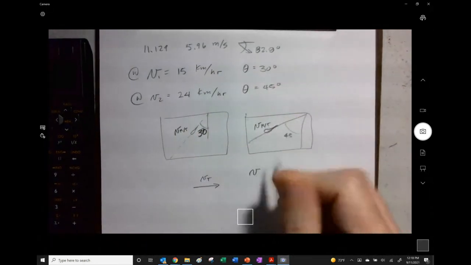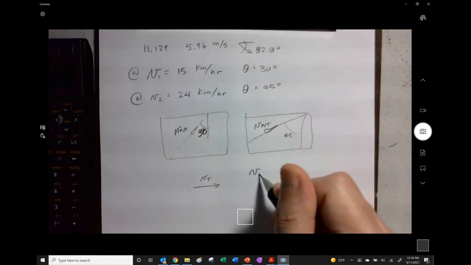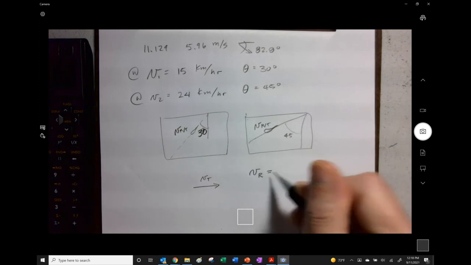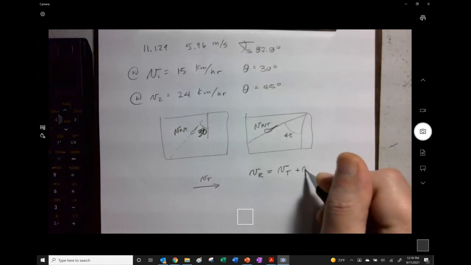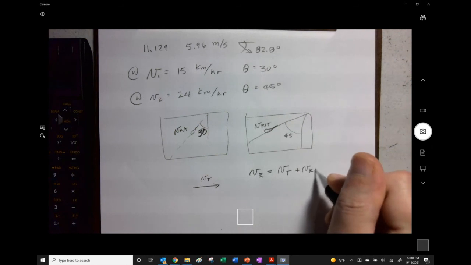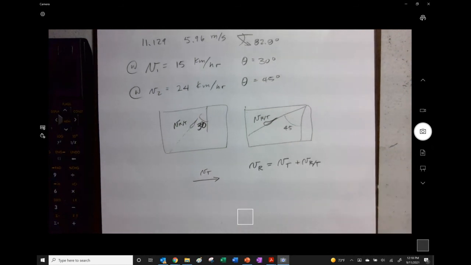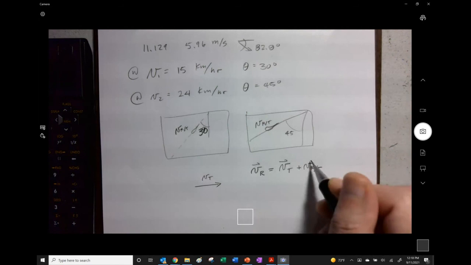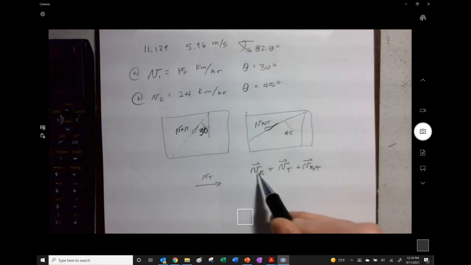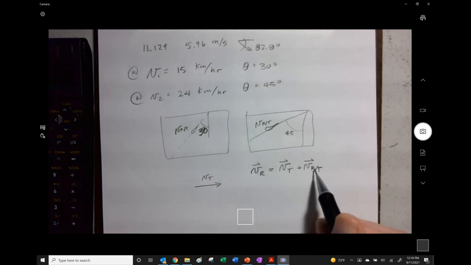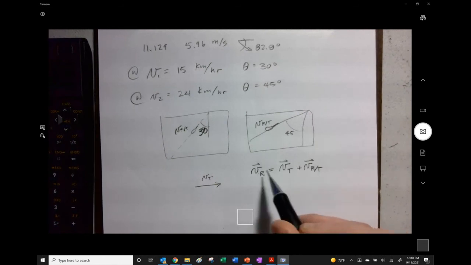If we want to find the velocity of the rain, it could be equal to the velocity of the train plus the velocity of the rain with respect to the train, right here. And these are all vectors. We know this. We don't know the magnitude of this, but we do know the direction of it.